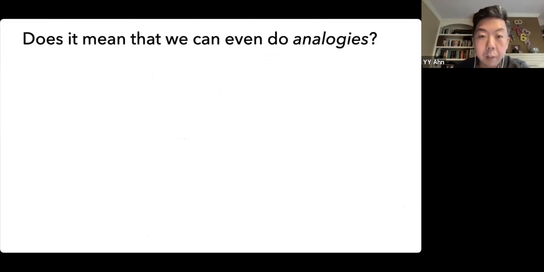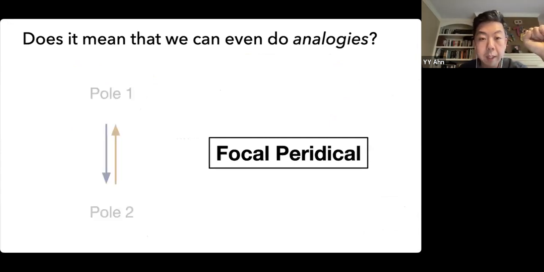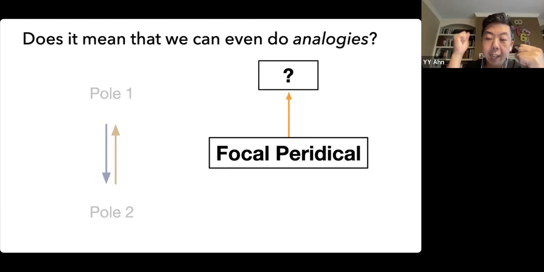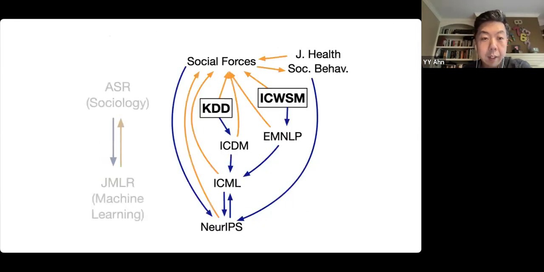And we can also do analogies. We pick a periodical, a conference or journal, and then we think about two poles. It can be physics versus computer science, or biology versus social science. And then we can add and subtract those disciplines to see where this focal periodical will move. What kind of other places will we get?